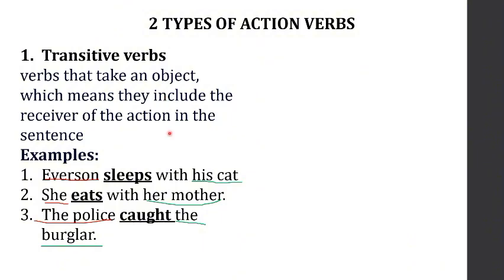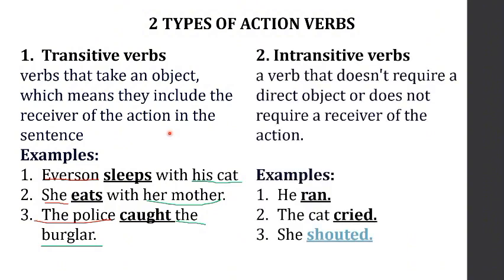So for you to further understand the difference between transitive and intransitive verbs, I am going to discuss intransitive verbs. Intransitive verbs are verbs that do not require a direct object, or do not require a receiver of the action.